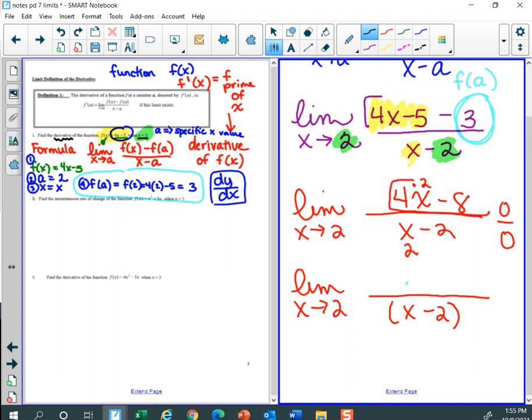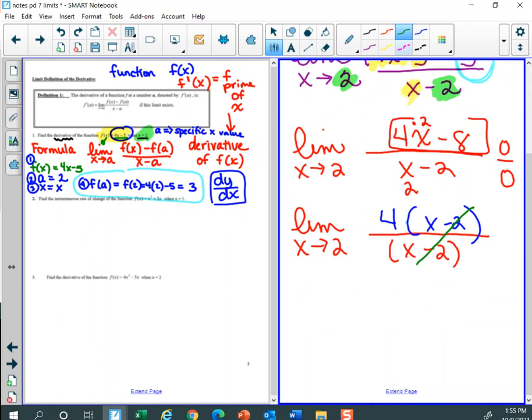If I take 4x minus 8 and factor out a 4, which leaves me with x minus 2, then that exact thing happens. I get a factor to divide out. So that's going to leave a 4 in the numerator.